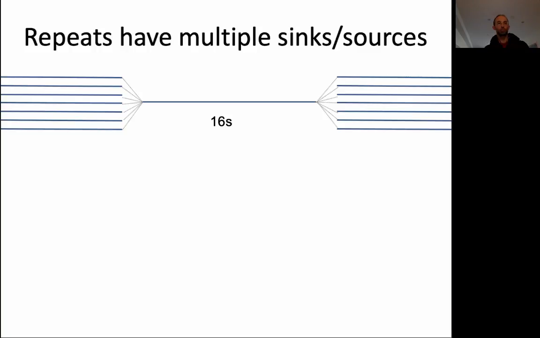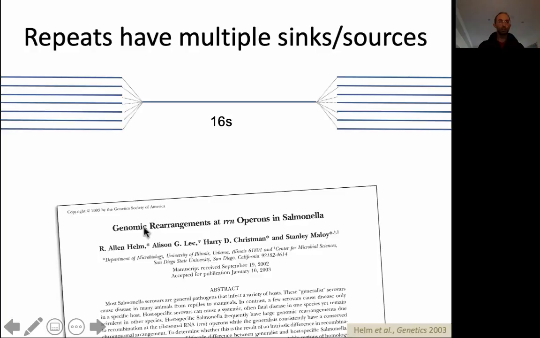Interestingly, it's not just in bioinformatics that we would not be able to resolve this path through this graph over here, but it's been shown already in 2003 that Salmonella actually recombines its genome at these different RRN operons. So there's different strains of Salmonella that have different paths through this sort of genomic graph that they've created by recombination at the RRN operon.